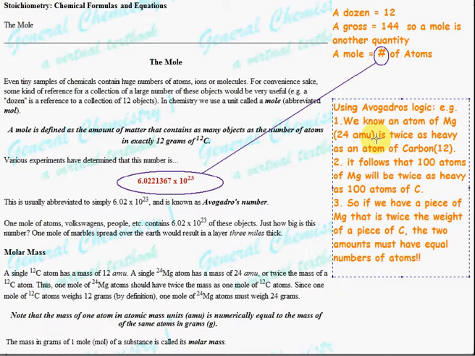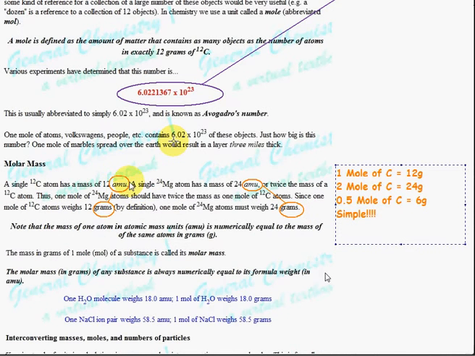Okay, so here's where we talk about the mathematics of it, and it's very straightforward. A carbon-12 atom has 12 atomic mass units, straight from the periodic table. A magnesium-24 atom has a mass of 24 atomic mass units, again straight from the periodic table. Now, when we talk about a mole of either of these, all you simply do is convert the atomic mass units to grams.